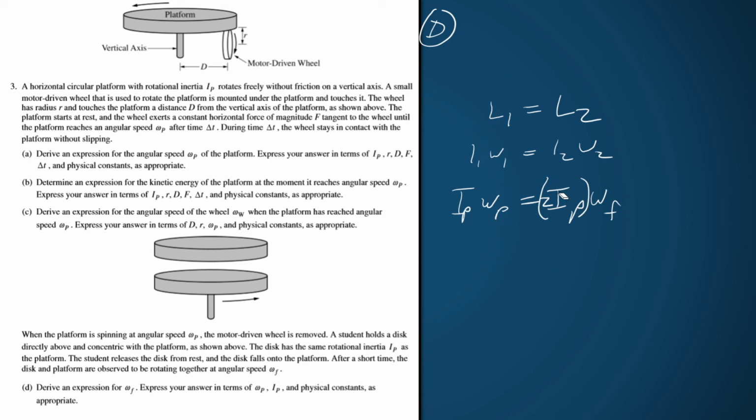Okay, I'm going to rewrite this. 2IP. So initially we just have one disk spinning, now we've got two disks spinning, so we'll have double that inertia. And then we solve for WF.